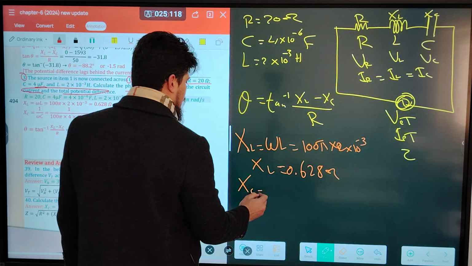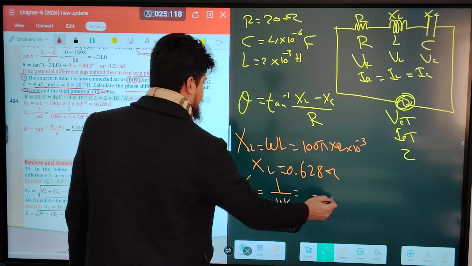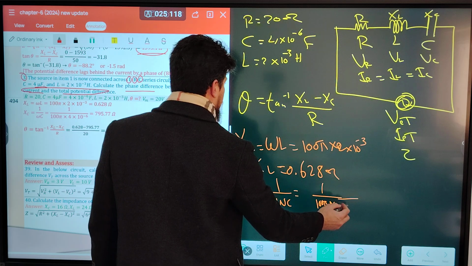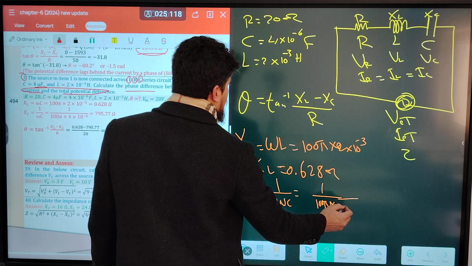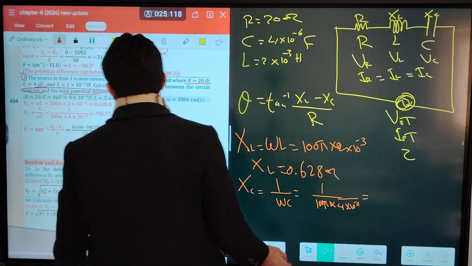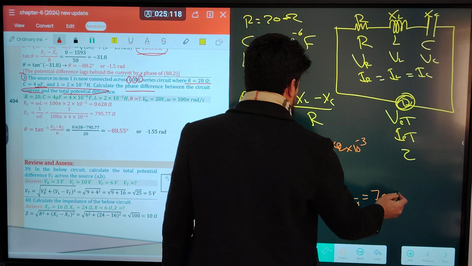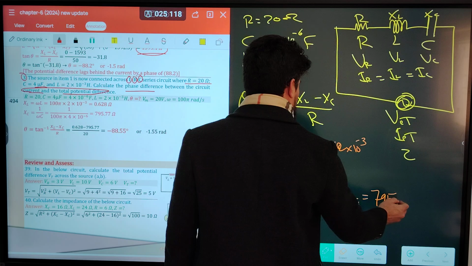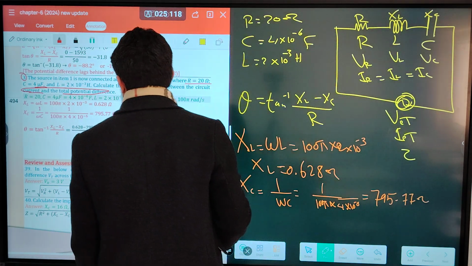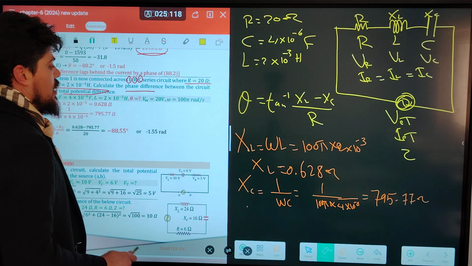How about XC? 1 over omega C. 1 over 100 pi times C, which was given as 4 times 10 power negative 6, is equal to 795.77 ohm. R was given as 20 ohm.